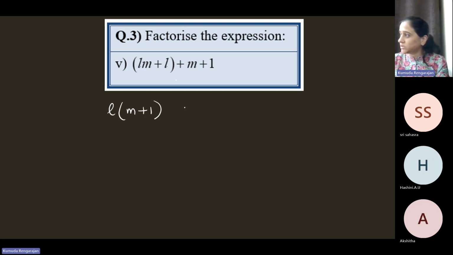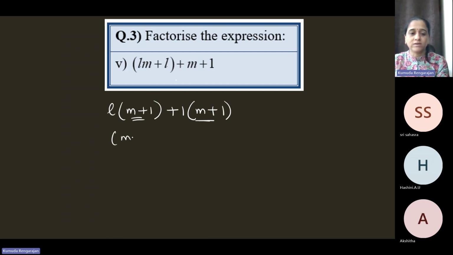Then between the next two terms, what's common? 1 plus 1. So in the bracket, M plus 1, this is L, that's 1. So M plus 1, M plus 1. So M plus 1 into L plus 1. Correct?